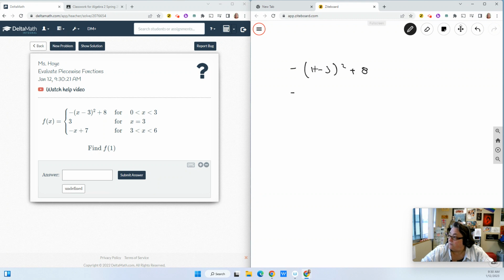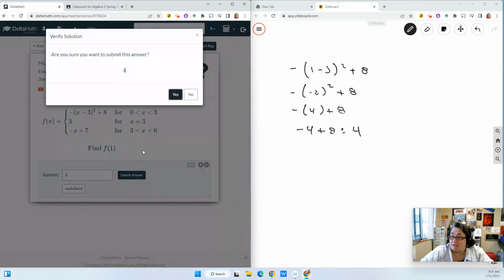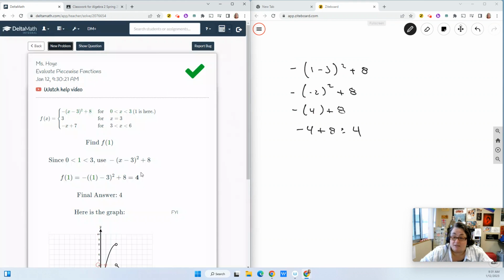And 1 minus 3 is negative 2, right? Negative 2 squared is 4. So we have negative 4 plus 8, which just equals 4. And that's how we would determine which one of these equations to plug it into.